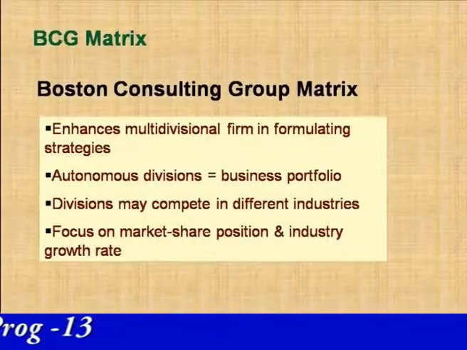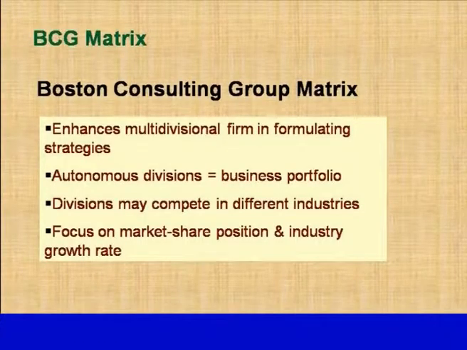It is autonomous, it's an autonomous division which is equal to your business portfolio, meaning you should be asking yourself, what is this autonomous division which is equal to your business portfolio? Your business portfolio is the entire summary of your business, what your business is all about, and you divide these things.